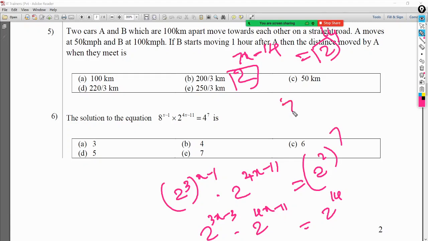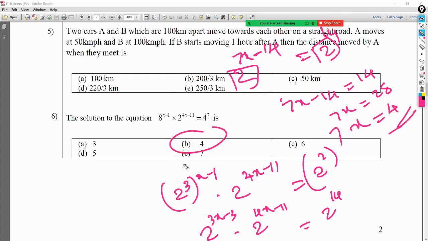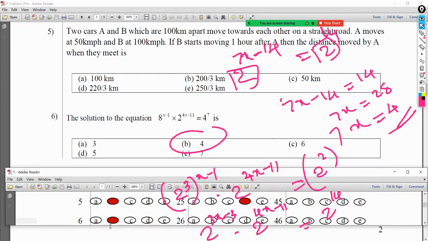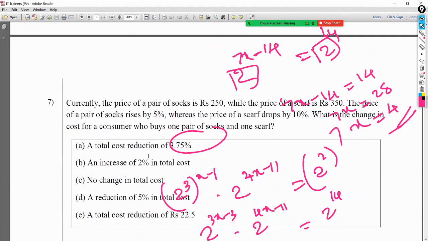So what we get is 7x minus 14 is 14. 7x is 28, x is 4. Answer is B. Right, answer is B.